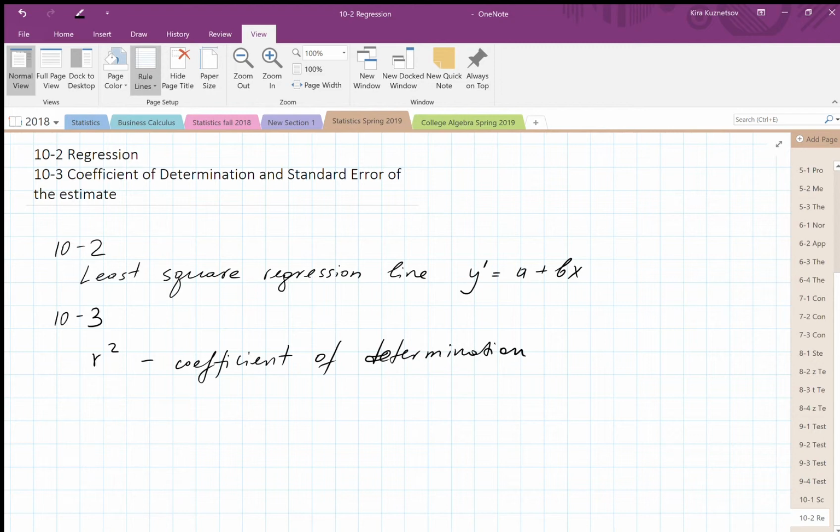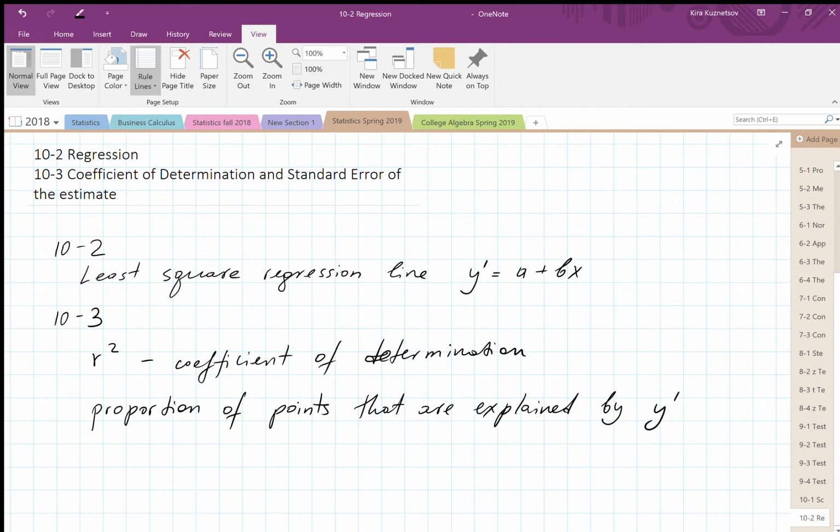And what we're doing is, it is really the r that you're physically squaring. And what it's going to give you is a percentile or a proportion of points that are explained by y prime, by your least square regression line.